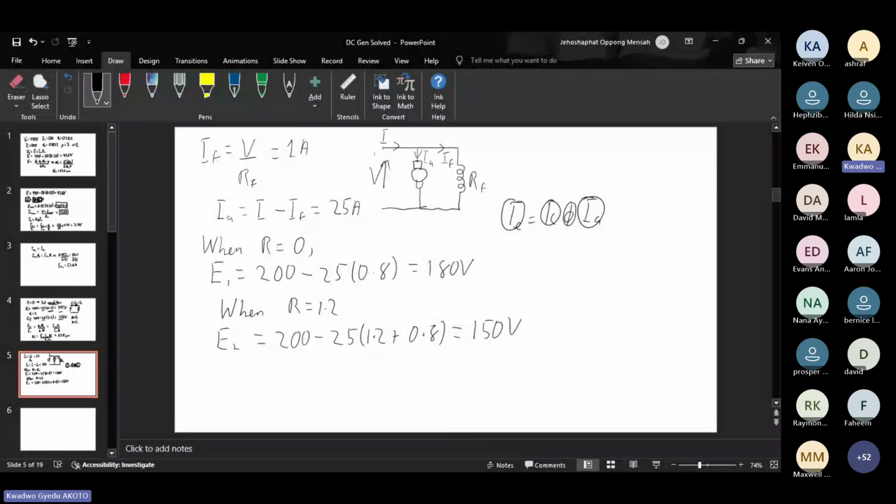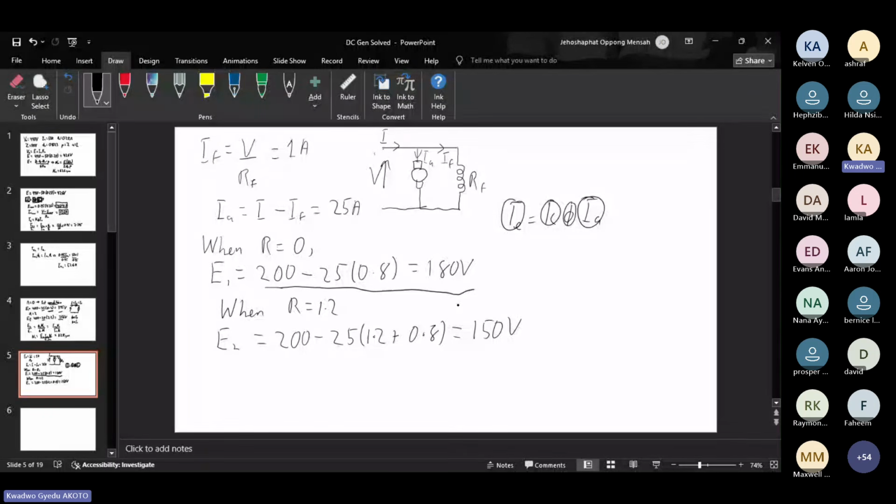No, the first part of the question says, when running on full load, right? So that means that what we did is on full load. And the last part of the question says, calculate the speed at which the motor will run when we are still operating at full load, just that a series resistor has been connected.